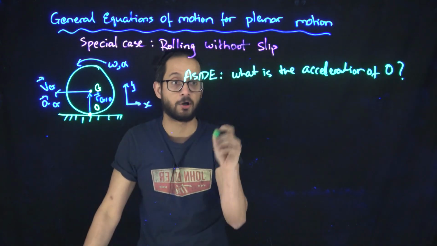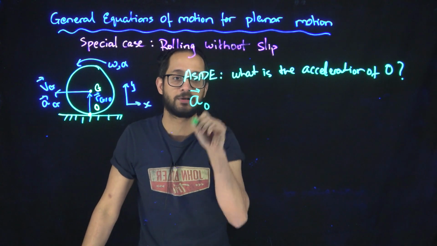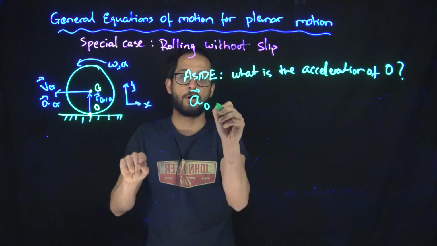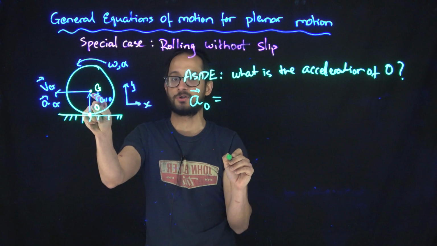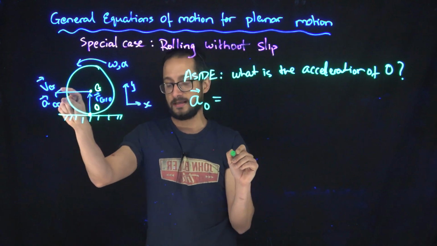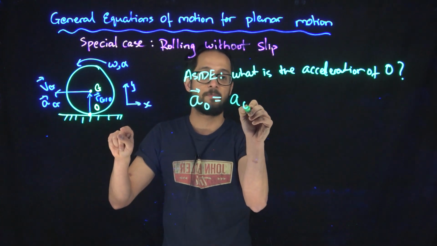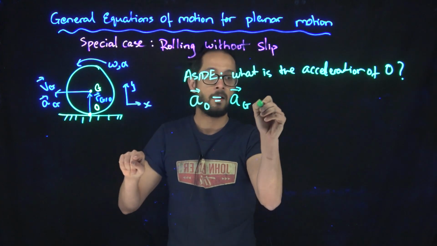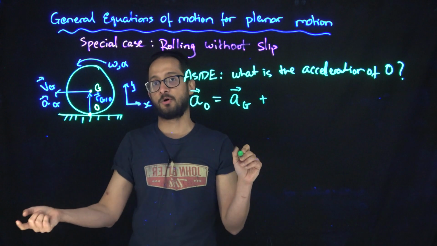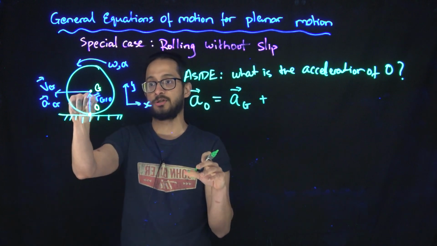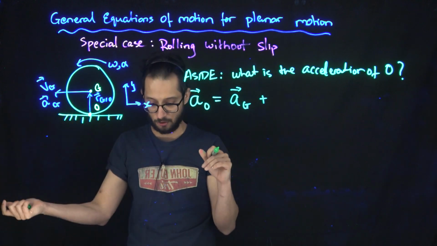Nope, it's incorrect, because if I take a look at my rigid body motion, the acceleration of the point O, now we are moving our frame of reference to G, so that's going to be the acceleration of that point because it's moving, plus, is there going to be a Coriolis term? No, because these 2 points do not move relative to each other, so there's no Coriolis term.